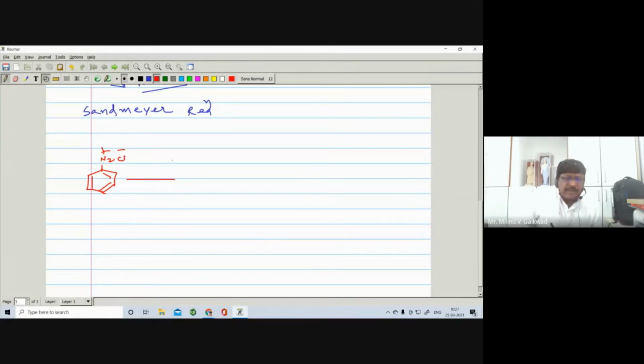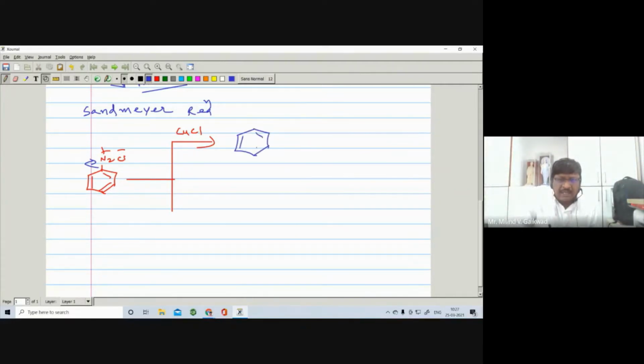If you treat this compound with CuCl, cuprous chloride, the bond opens on the nitrogen, neutralization of the positive charge, there is removal of N2 and carbon becomes positive and Cl negative will attack on this C positive and you are getting a halobenzene, chlorobenzene.